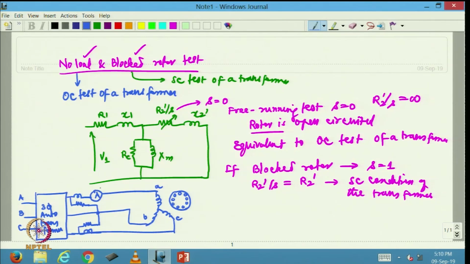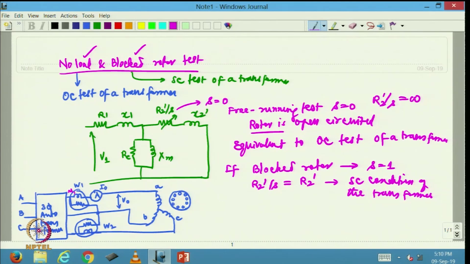Now, the ammeter measures whatever is the current I0, let us say, and I am going to measure the voltage here, line to line voltage, which is V0, and I am going to measure what is W1 and what is W2. So, I can actually mention the terminals here.